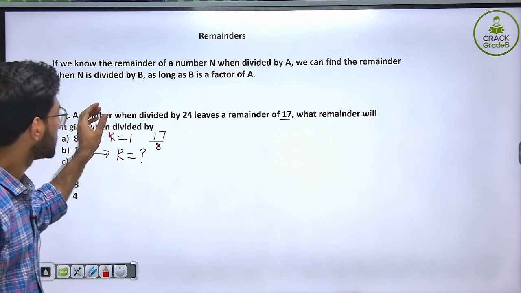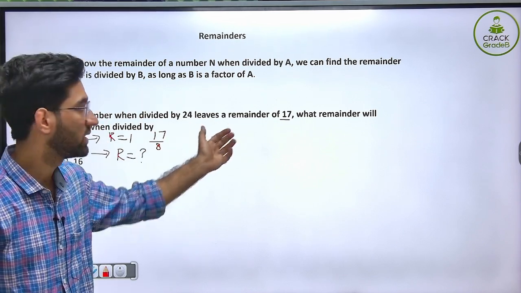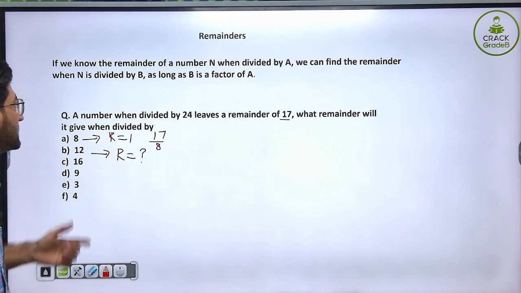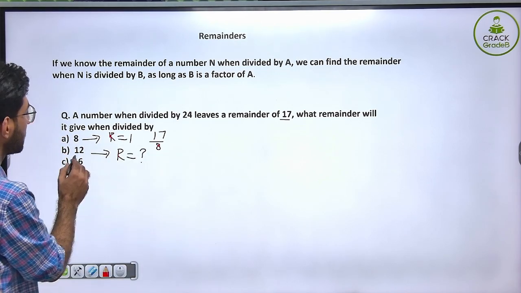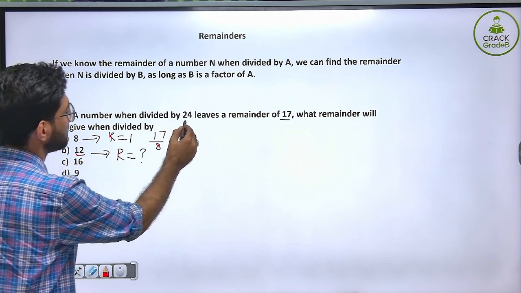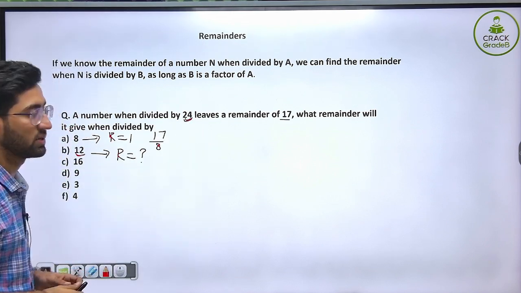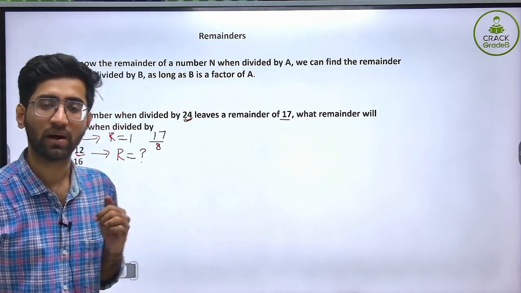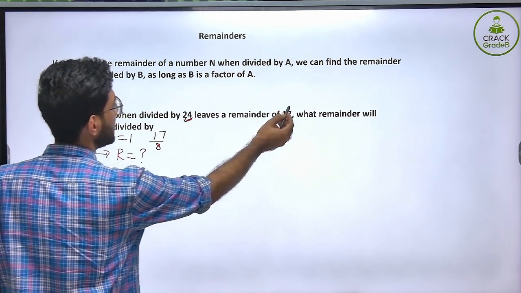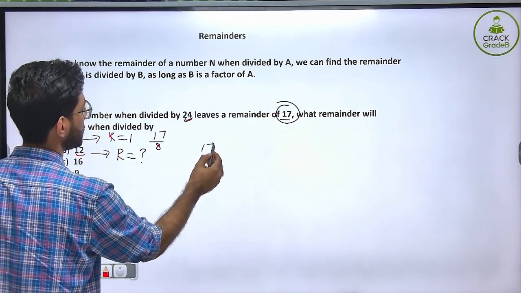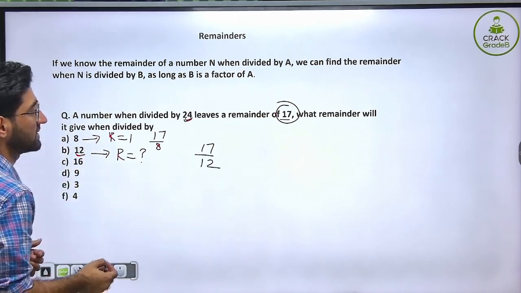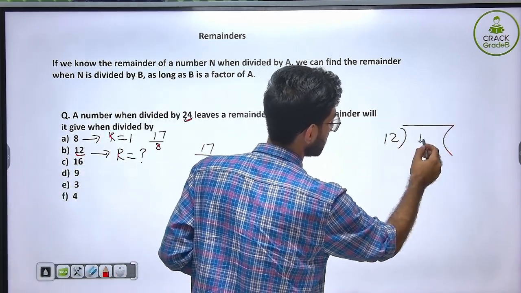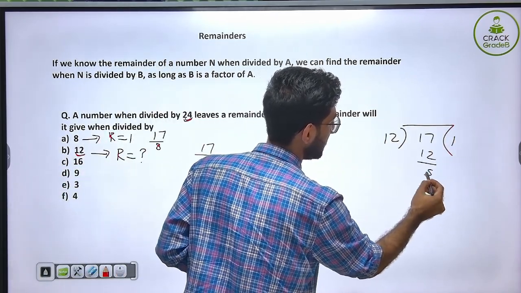See, if you divide that number by 24, you get remainder 17. Now you have to answer what remainder it will give when divided by 12. Simple again. This 12 is a factor of 24. It means you can simply divide this 17 by 12, and if you divide 17 by 12, it is 12 into 1 and the remainder is 5.